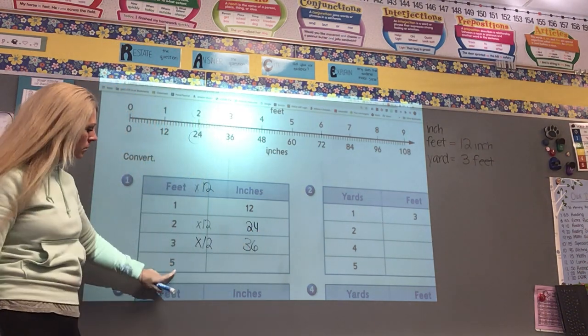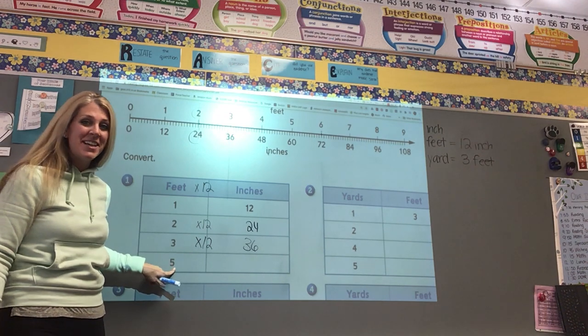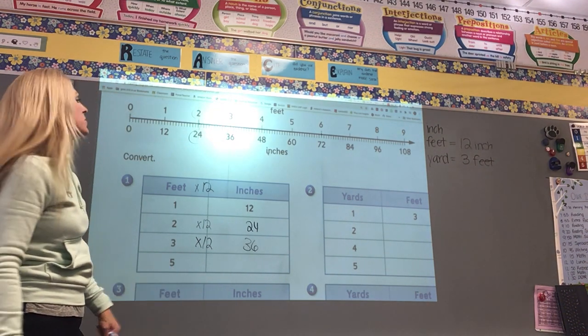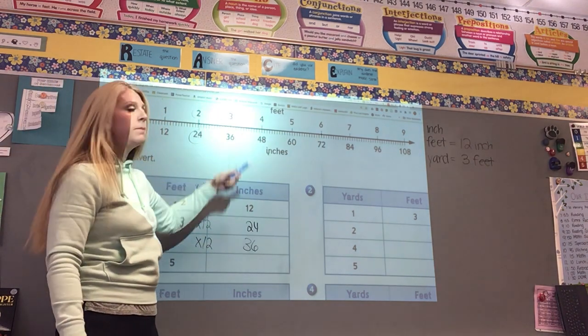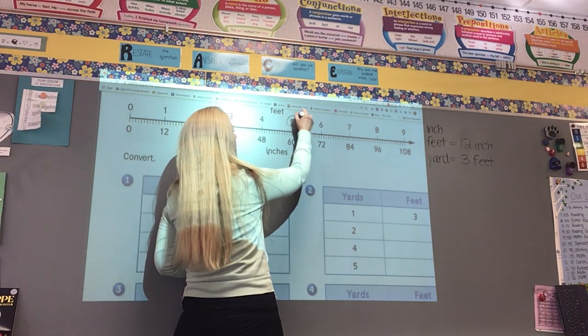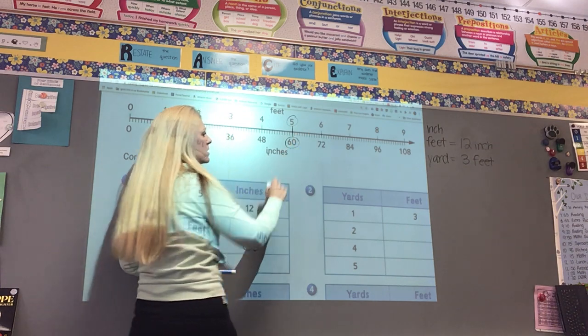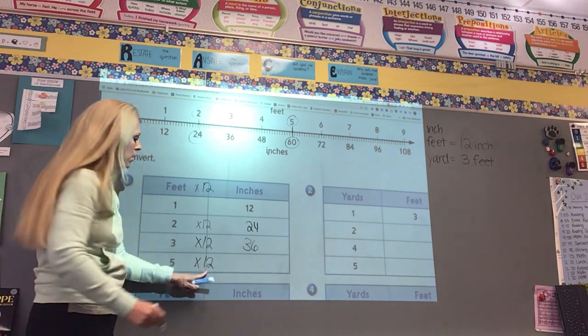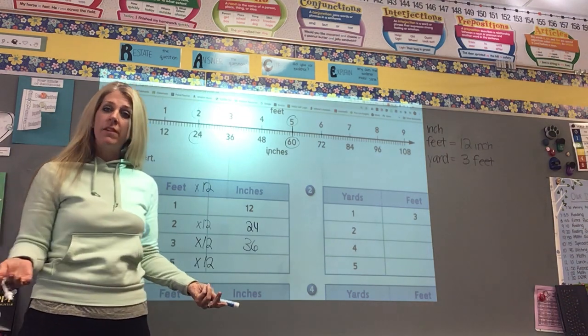Okay. Now it skips. It doesn't just go straight in order. Now we're looking at times 5. So again, I can use my number line. I can come up to 5 and I could see that the line converts to 60 inches. Or I could use my conversion this way and think 5 times 12.